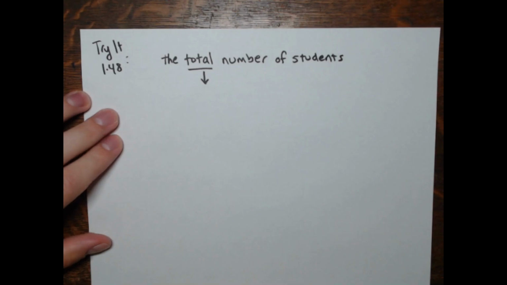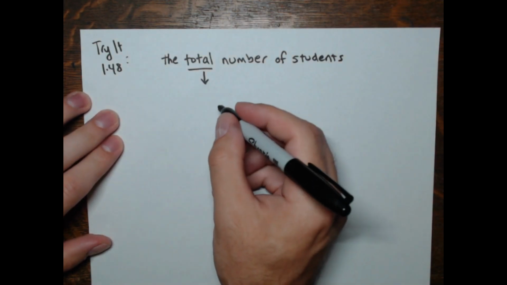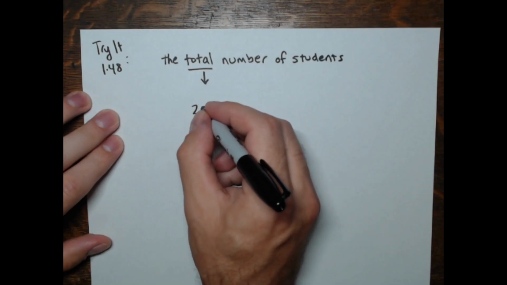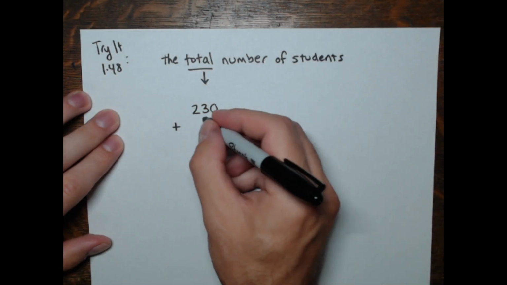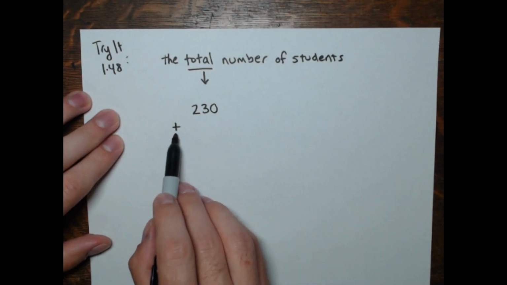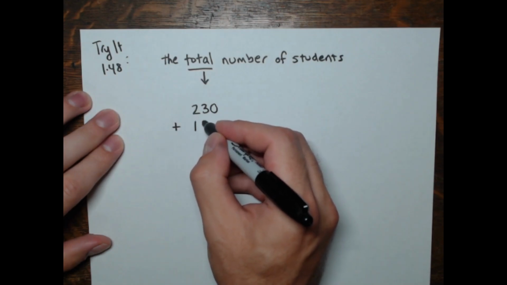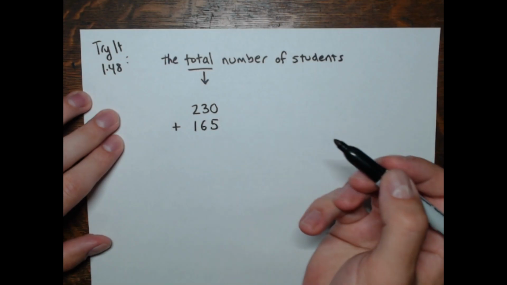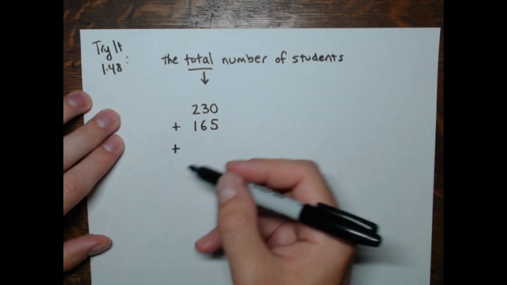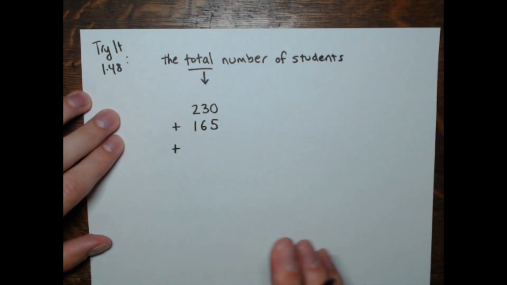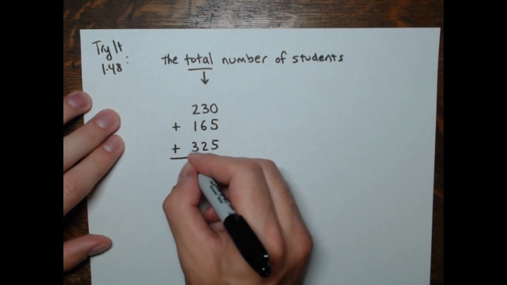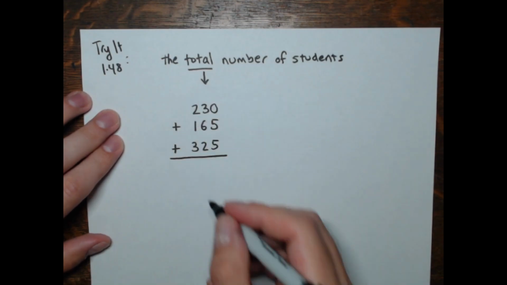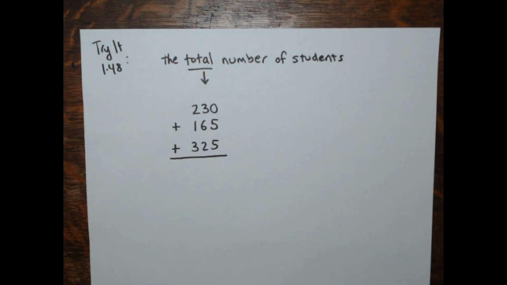And it said there were 3 grades, and the number of students in each grade was the following. There were 230 students from one grade, and I'll just stack them up right now, plus the 165 students from another grade, and finally from that third group of students, 325. Now I'm just going to stack them up where we line up all the correct place values, and then we'll add them up.